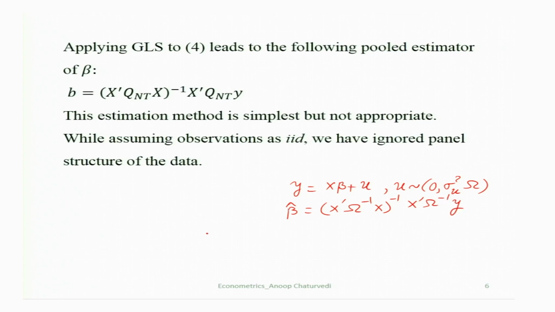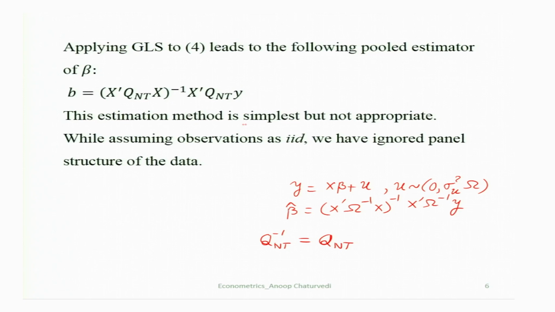Further, Q_nt is an idempotent matrix, so Q_nt inverse is actually Q_nt. So, you get the expression for the GLS estimator as b equal to x transpose Q_nt x inverse x transpose Q_nt y.